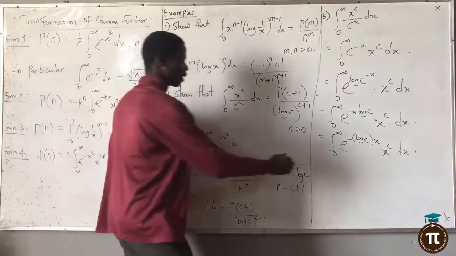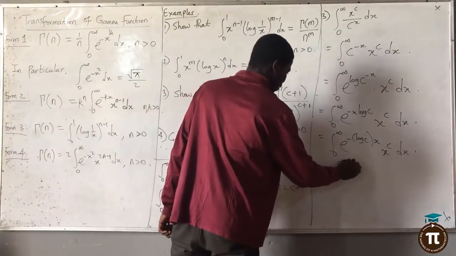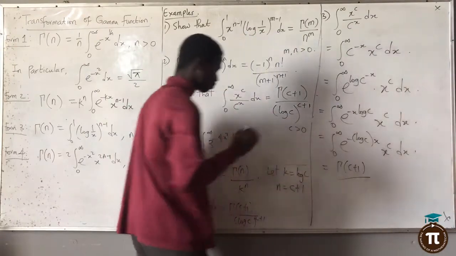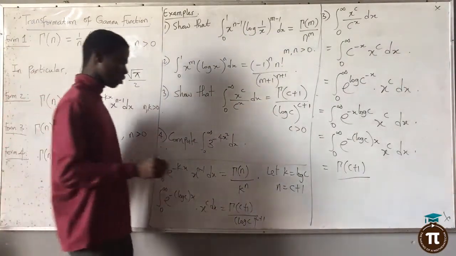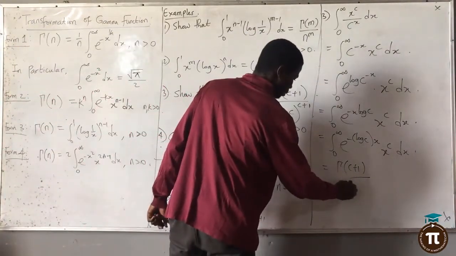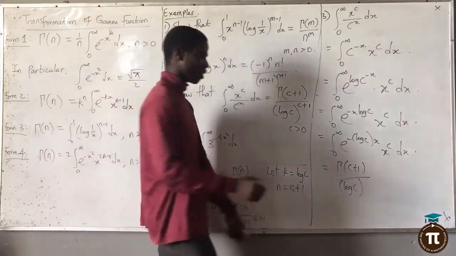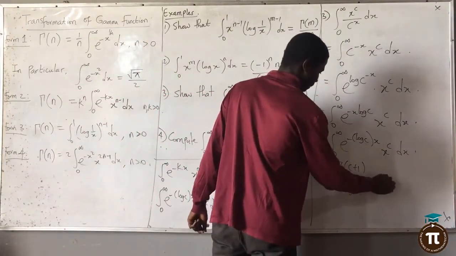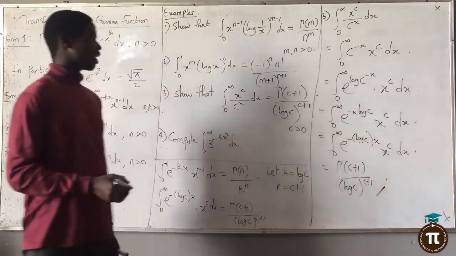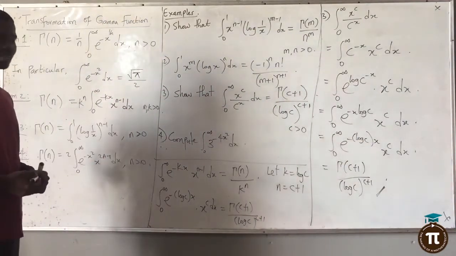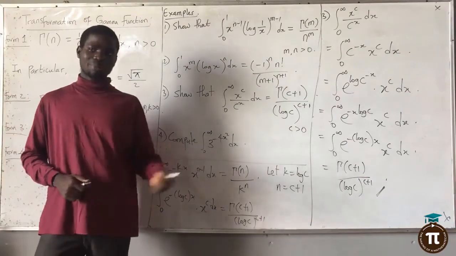So this one will be equal to gamma of c plus 1 all over log c raised to power c plus 1. And that will be the answer for this question 3.